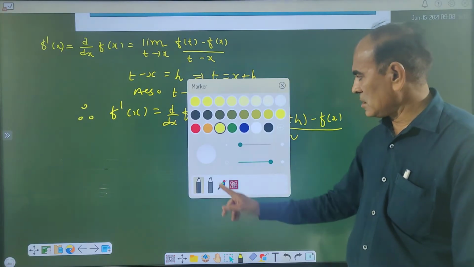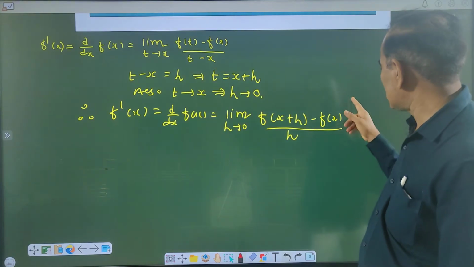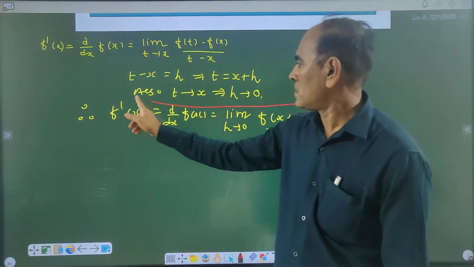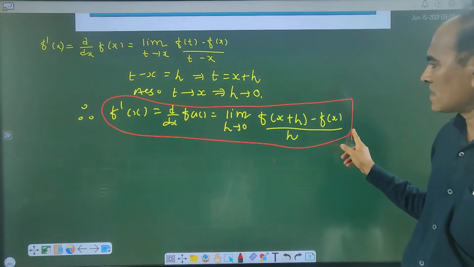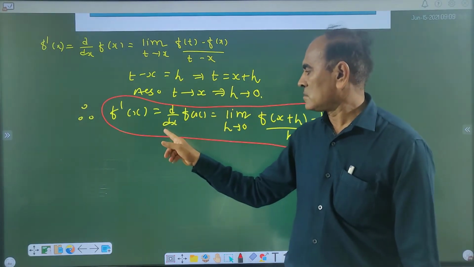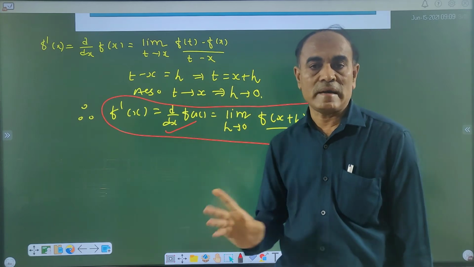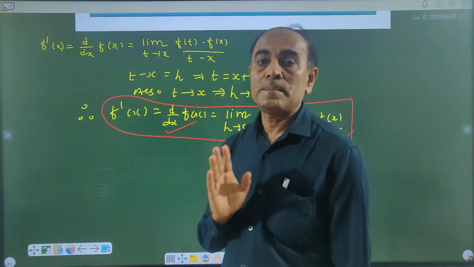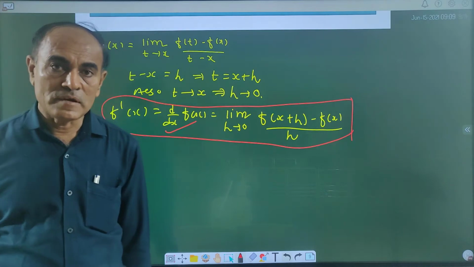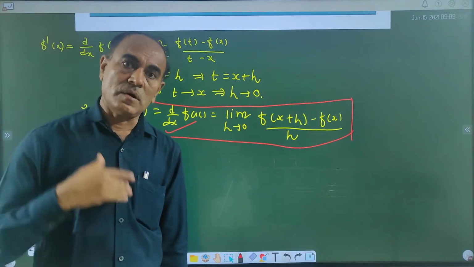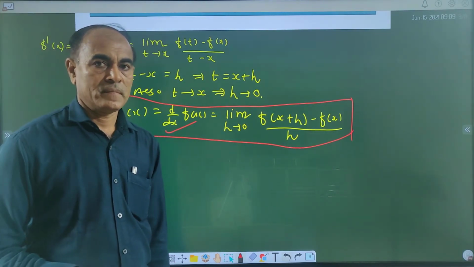So this is the definition of derivative. See, this one is known as the derivative of function f with respect to x. And the process of finding the derivative of a function is known as differentiation.